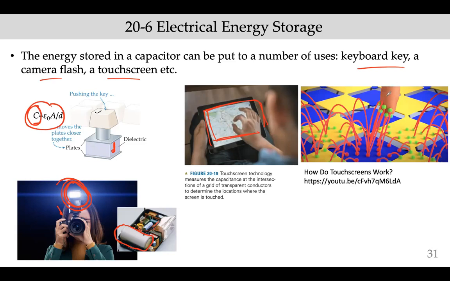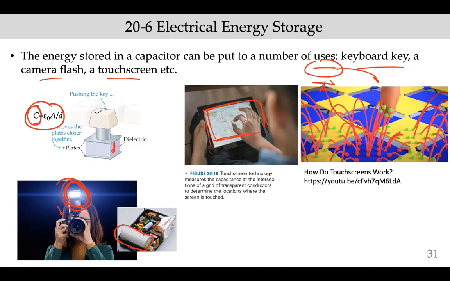But when you bring your finger close, your finger changes the capacitance, because normally the capacitance is between these two plates, but now your finger acts as the top plate of the capacitor, and one of the plates here acts as the lower plate.